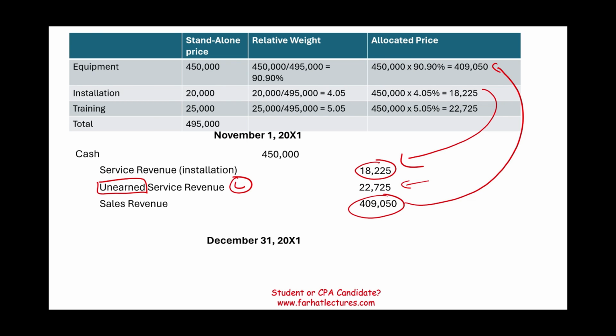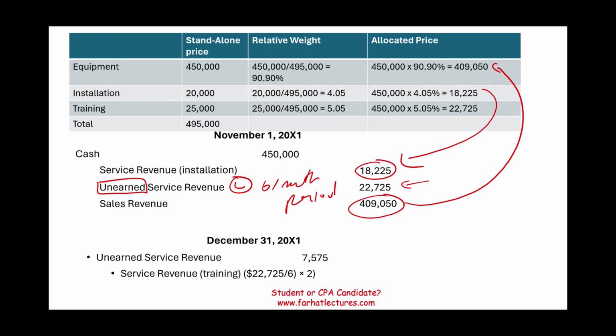Now, December 31st, 20x1, remember the training is for a 6-month period. What's going to happen after 2 months? We are going to take $22,725 divided by 6, then multiplied by 2, and for this period, the 2 months, November and December, we are going to earn $7,575 out of the $22,725.